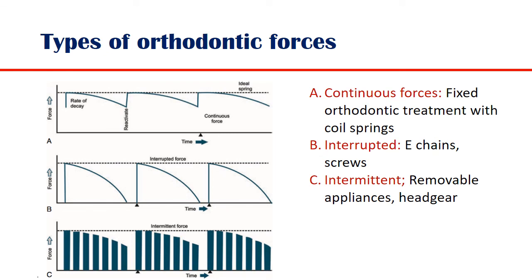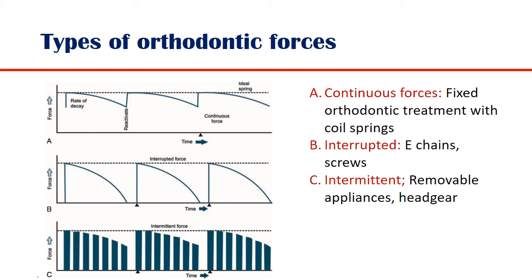So once we've talked about all the theories that are applicable to tooth movement, we should also mention the types of orthodontic forces. You have a continuous force, which is when I put fixed orthodontic braces, and along with that I put a nickel-titanium coil spring. I put certain springs which will deliver a continuous force to the tooth.